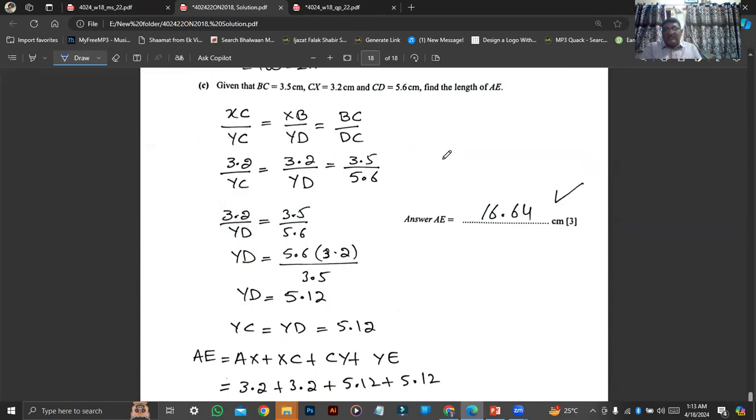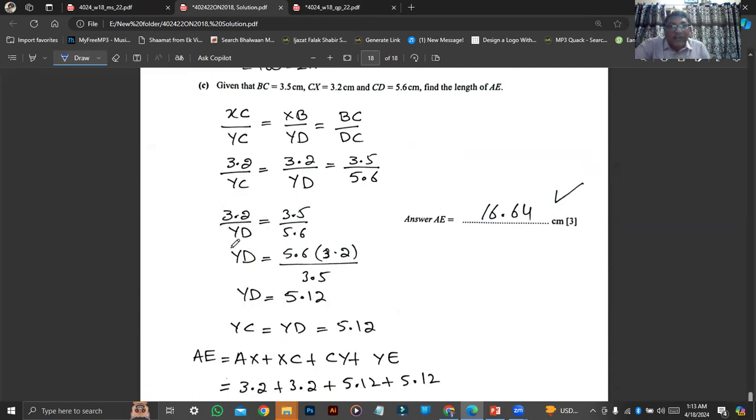These are those similar triangles, and XC value is 3.2, YC value we don't know. So I will write it YC, and XB value is 3.2 divided by the YD, equal to BC is 3.5, the DC is 5.6.